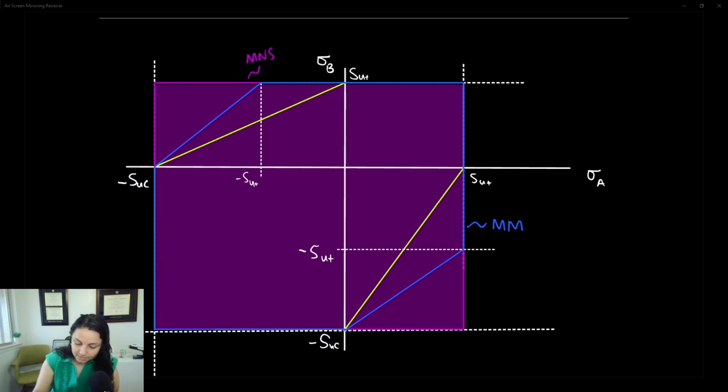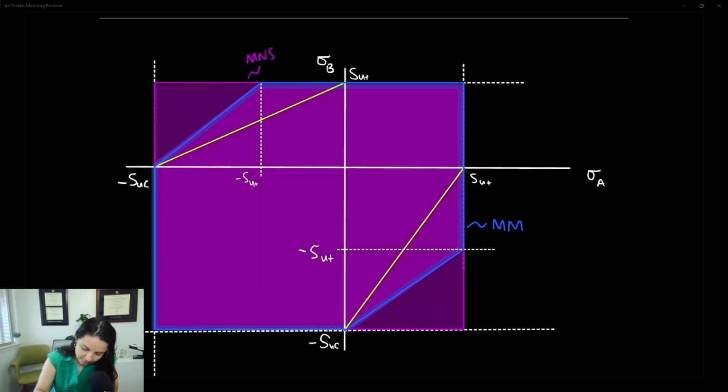So the maximum normal stress theory is going to be the least conservative of our three failure theories because it is the largest failure envelope, right? If I had a stress state down here, then with the maximum normal stress theory, I would predict that I was safe, whereas with modified Mohr or with Brittle Coulomb-Mohr, I would predict failure.